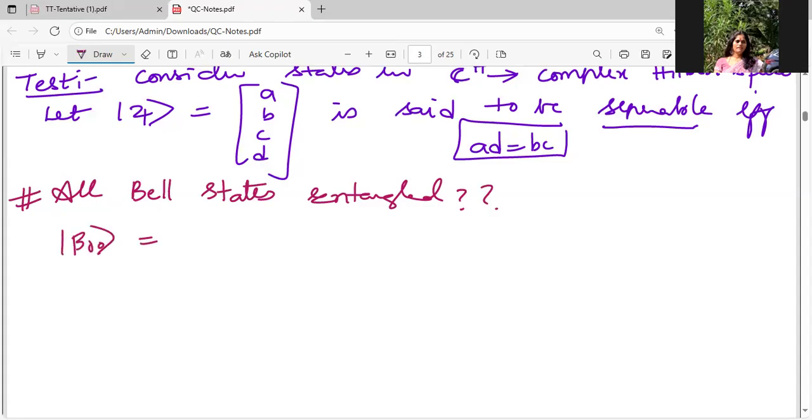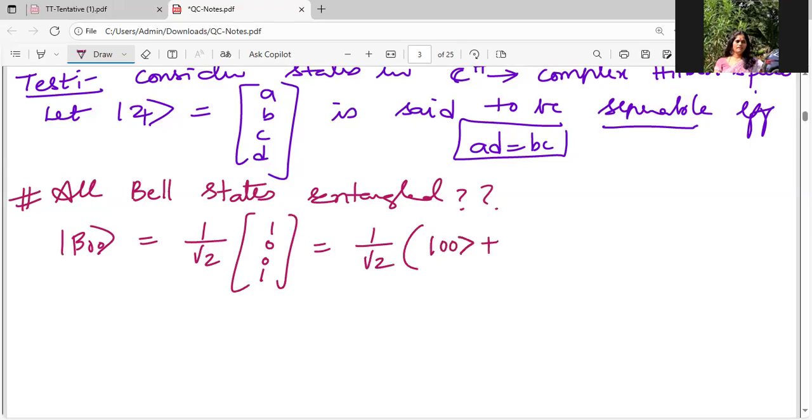Beta 00 is nothing but 1 by root 2 times (1, 0, 0, 1). Of course, this has another notation also: 1 by root 2 times (ket 00 plus ket 11). I can show you how things are happening here in case you have a doubt. This is nothing but the tensor product of ket 0 with ket 0.